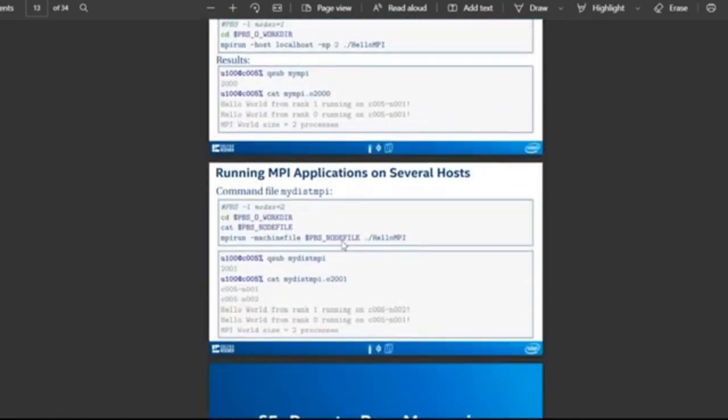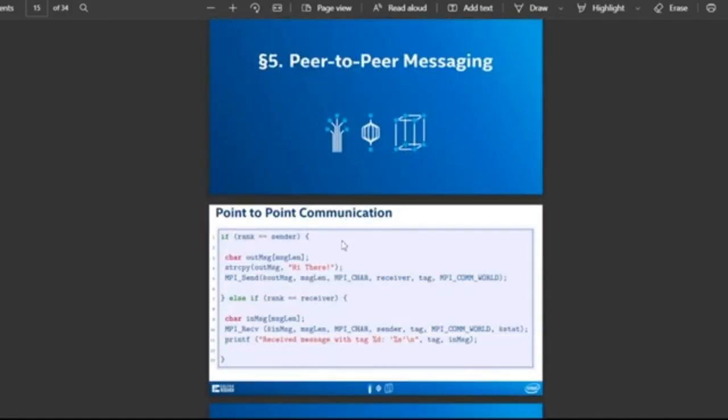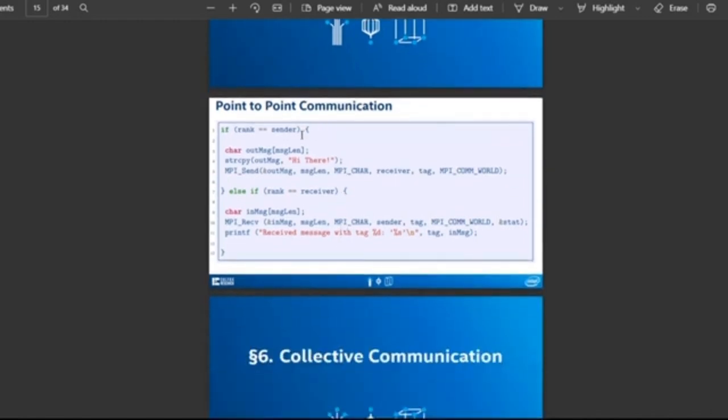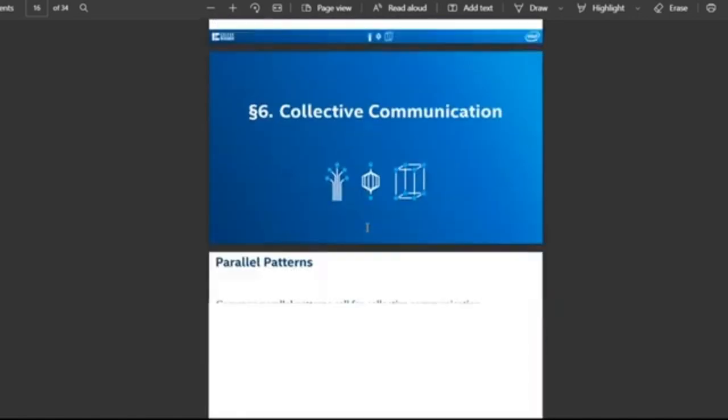So what you want to do is avoid any kind of situation where you're going to have a race condition. So the really basic pattern is to use point-to-point communication. That rank could be a number like 0, the receiver could be a number like 1. And we've got this MPI send, and we've got MPI receive, and we've got some messages here, etc. Well, that's great.